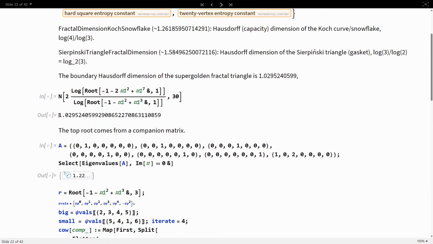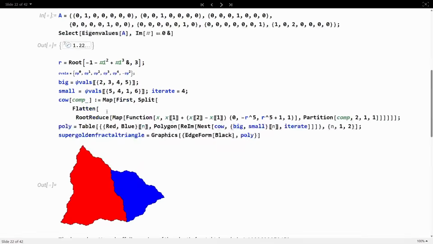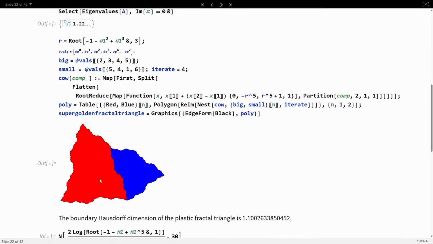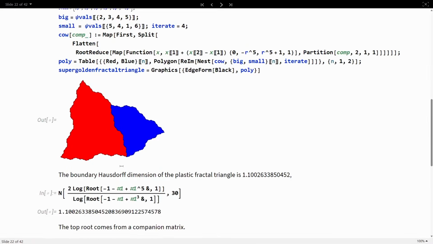And that gives this value as the Hausdorff dimension of this fractal triangle. And it's believable because if this edge was a straight line, it would have Hausdorff dimension 1. But it's slightly wriggly, so this is Hausdorff dimension 1.02.